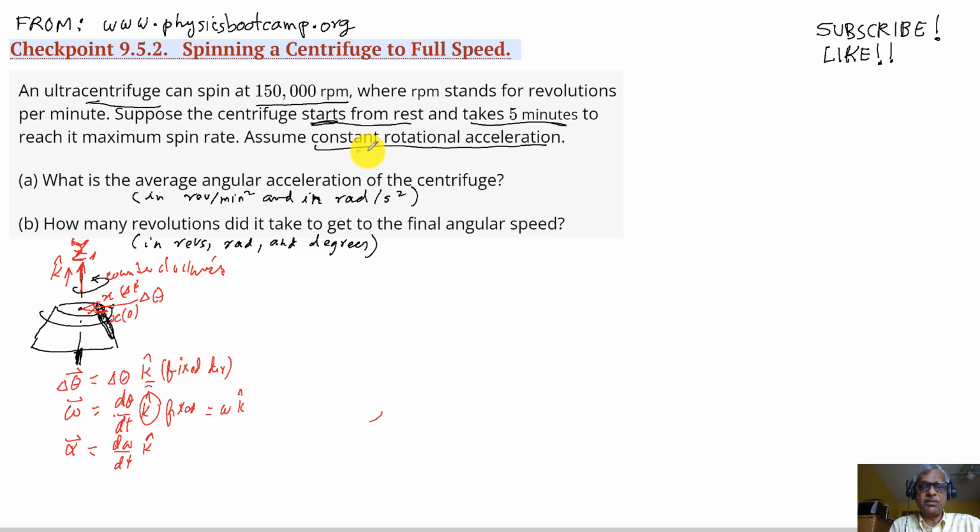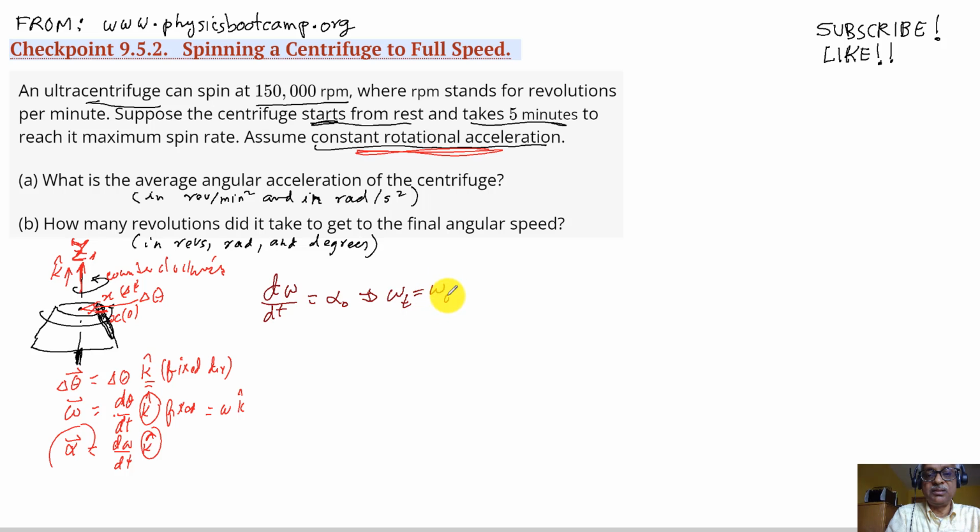So a constant angular acceleration means this thing is constant. This is already constant, so we have d omega dt equals some constant alpha. Then you can see immediately that omega at some time t will be omega at 0 plus alpha 0 times the amount of time elapsed.